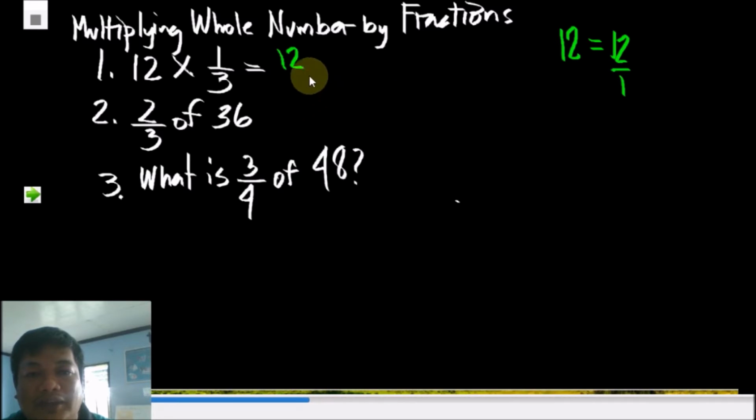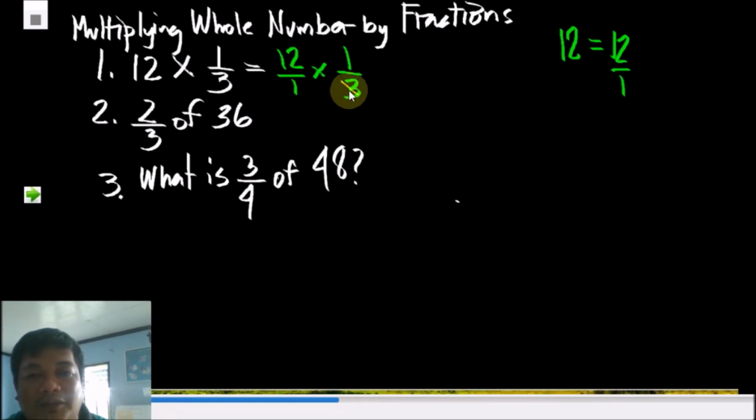Okay, since you have the new fraction 12 over 1, you must multiply it with 1/3. In multiplying fractions, first you must see to it that you undergo the cancellation process if possible. In this case, 12 and 3 have a common factor that can divide both 12 and 3.